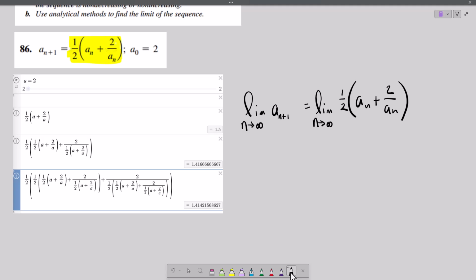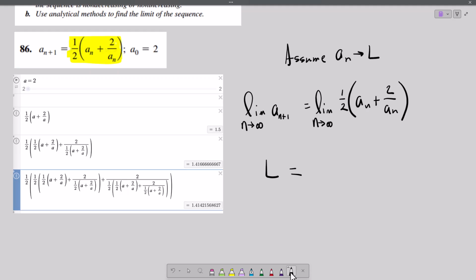But we all know that if a sequence converges, it doesn't matter what's happening in the front. If the tails of two sequences match, they converge to the same thing. So we are going to assume that a sub n converges to L as n goes to infinity, and then this sequence must also converge to L. It's the same sequence, except it's missing one point.